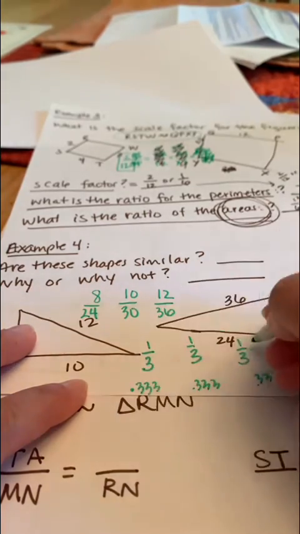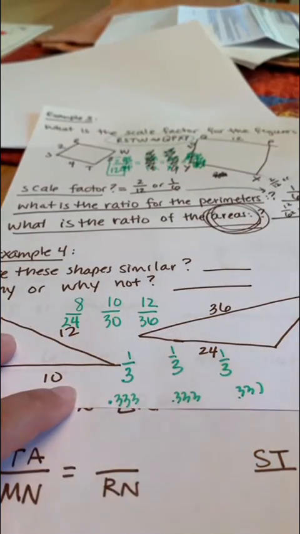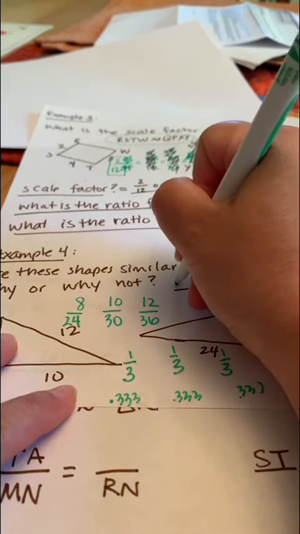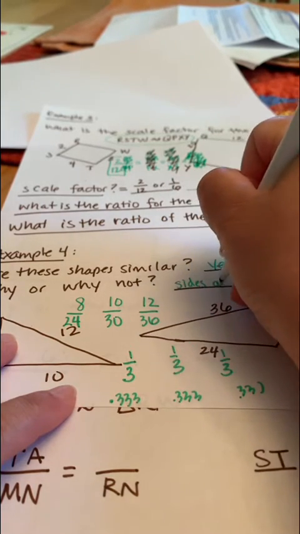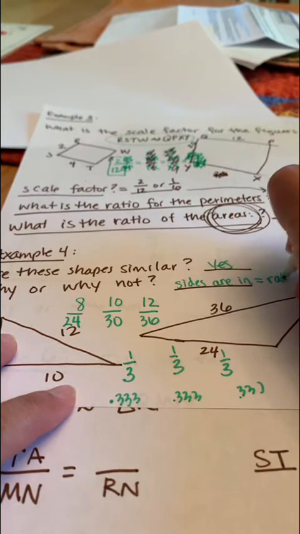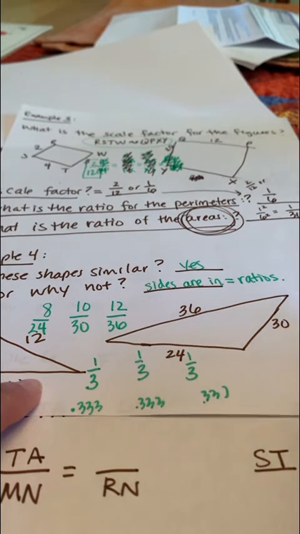Either way, if it's a fraction or a decimal, they have to be exactly the same. So the shape's similar, yes. Sides are in equal ratios. That's all you're looking for.